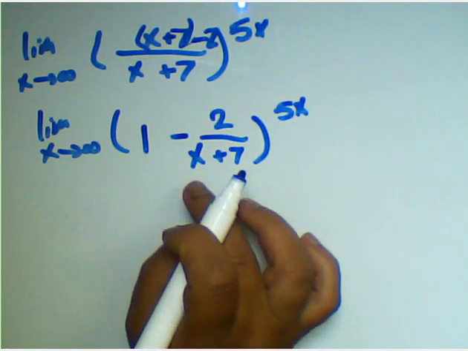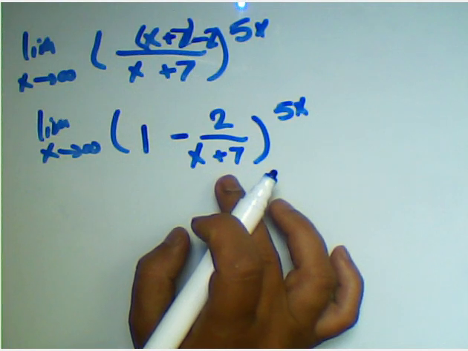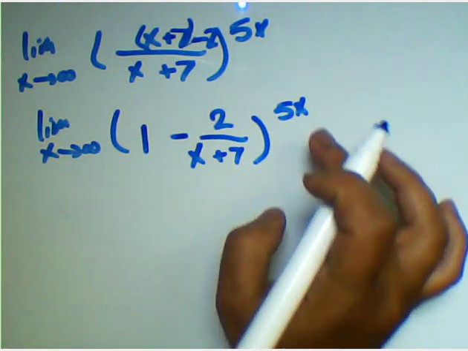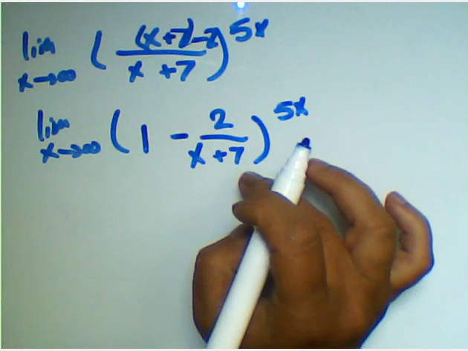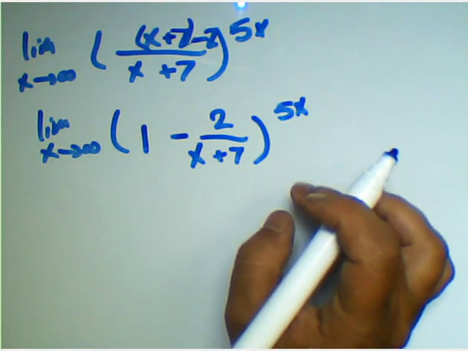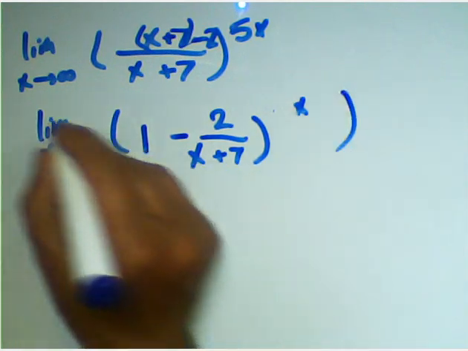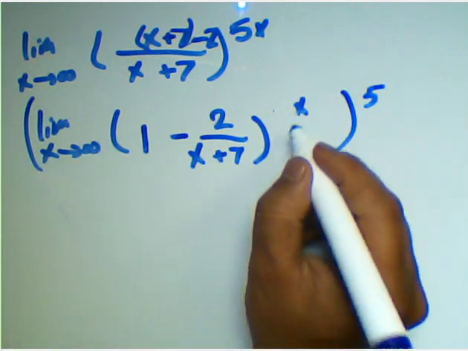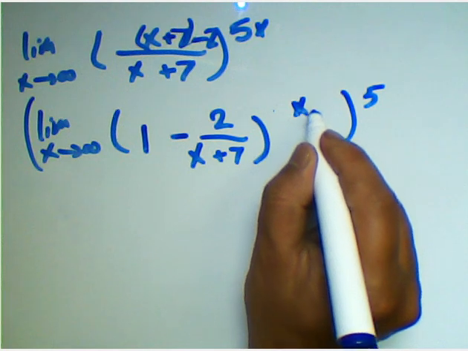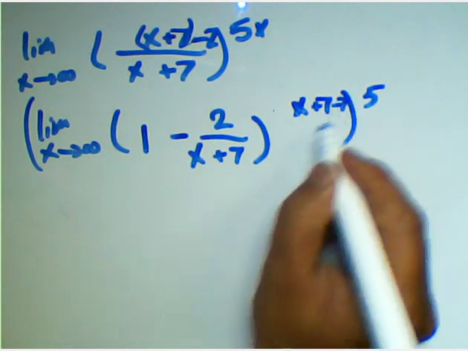We have x + 7 in the denominator here, okay, and the power must be equal to this. Who can tell me the result? We can write 5 outside here, and x here will have 7 added to it, and subtract 7, okay.